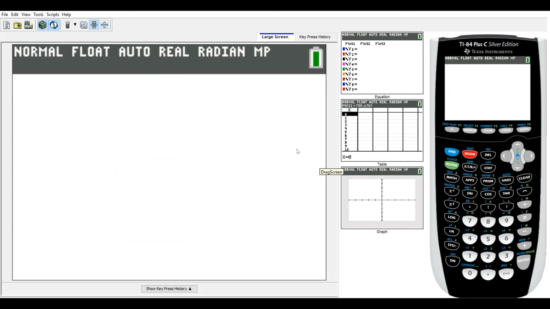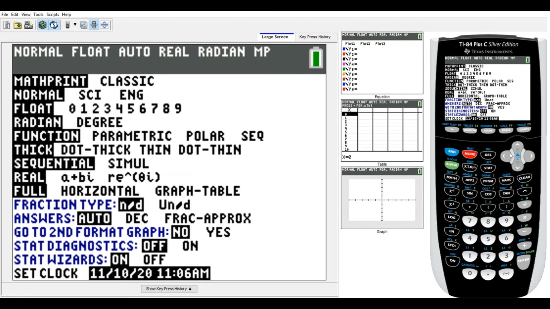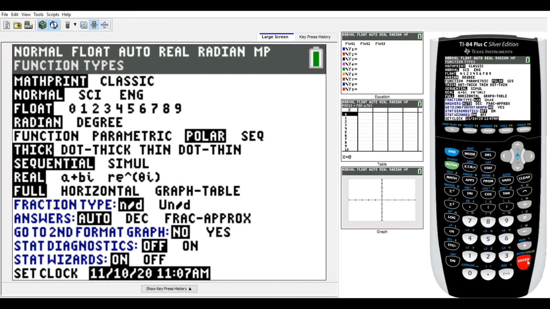Now that we're in our calculators here, let's go ahead and change our mode to polar mode. So go down to function and then over to polar and hit enter. And also make sure that you are in radians. When we were looking at our angles, we were looking at angles measured in radians.